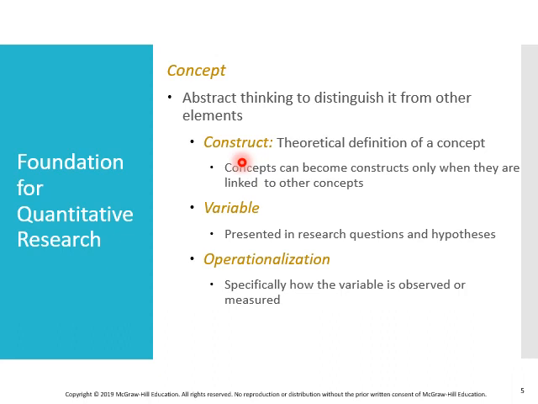If we have a hypothesis that says children are influenced by violence on TV, you see that I'm stringing the three original concepts, children, violence, and TV, into a hypothesis. That is a hypothesis: children are influenced by violence on TV. We're putting the concepts together, and that allows us to hypothesize there is some kind of relationship.